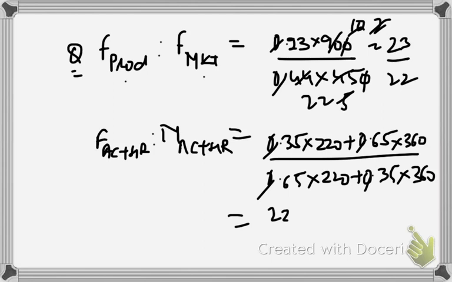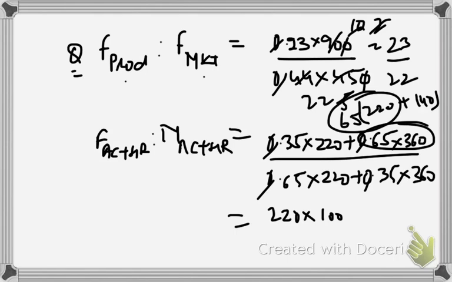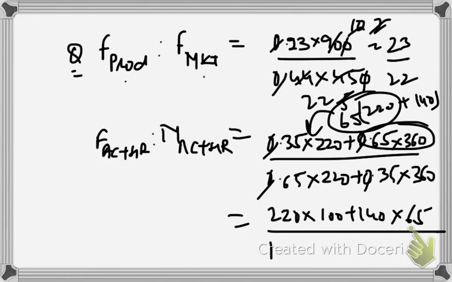Now again decimals cancel out and you combine this, that is you can write 360 into 65 as 220 plus 140 into 65, and I separate out this and add it to this part, so it will become 100 into 220 plus 140 into 65. Similarly you can do this here also, and you'll get this in the denominator.